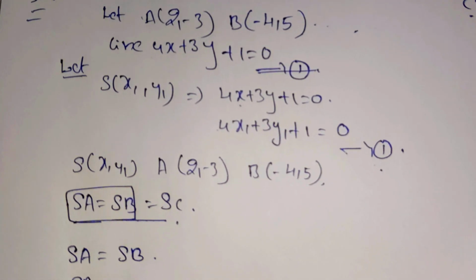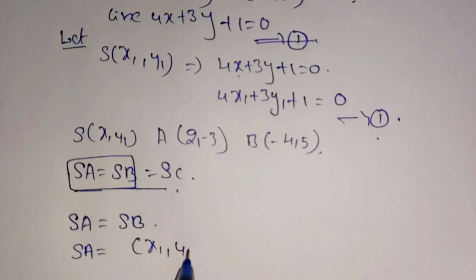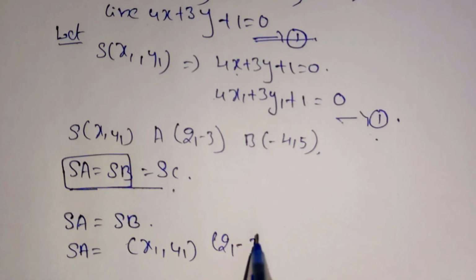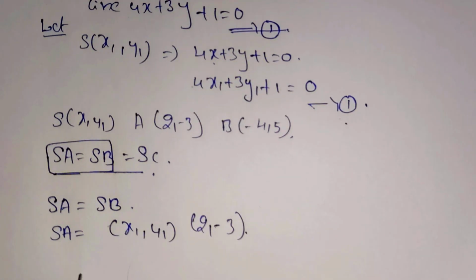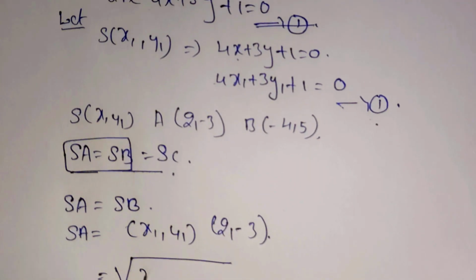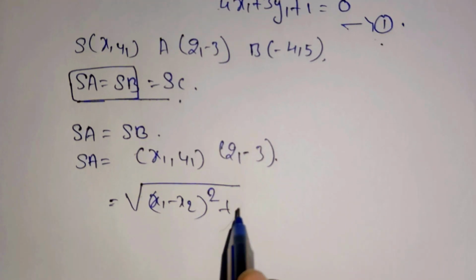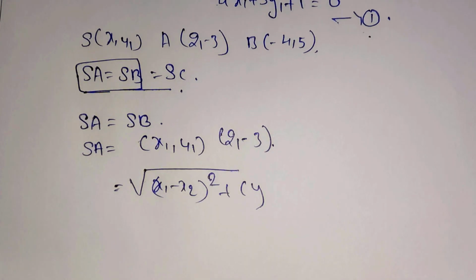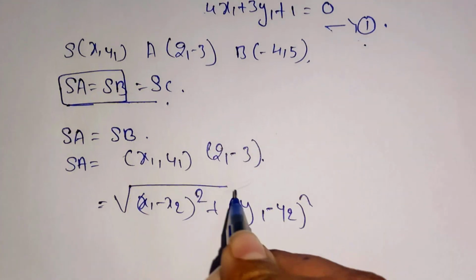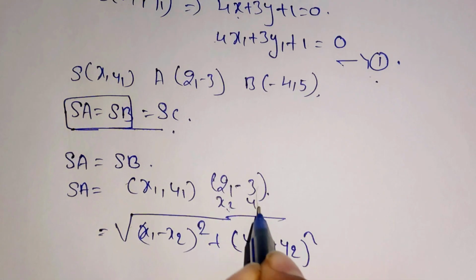SA is the distance between S (x1, y1) and the point A (2, -3). We already know the distance formula when two points are given: the square root of (x1 - x2)² + (y1 - y2)², where the points are (x1, y1) and (x2, y2).